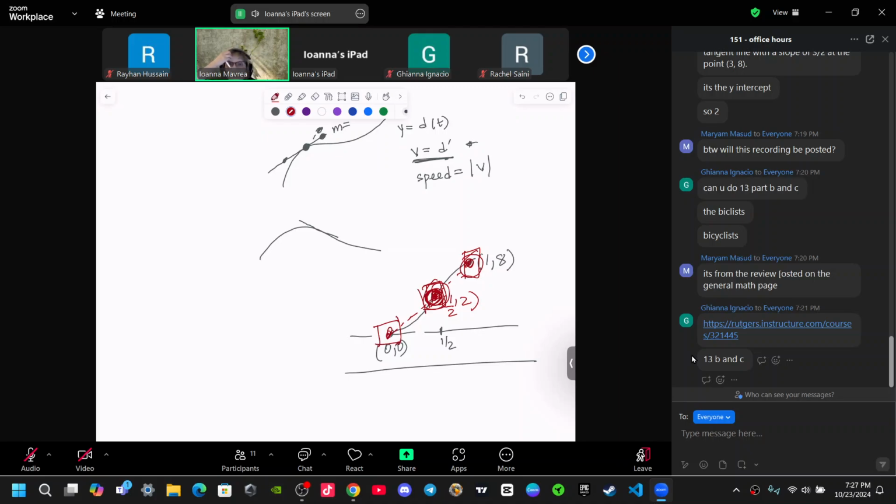So C is the same, right? Estimate the maximum speed. Again, speed is the absolute value of the velocity. So velocity is the derivative, and the derivative can be positive or negative. Just by looking at this, you think of tangent lines everywhere, and you ask where the tangent line looks like it's increasing or decreasing as fast as possible.